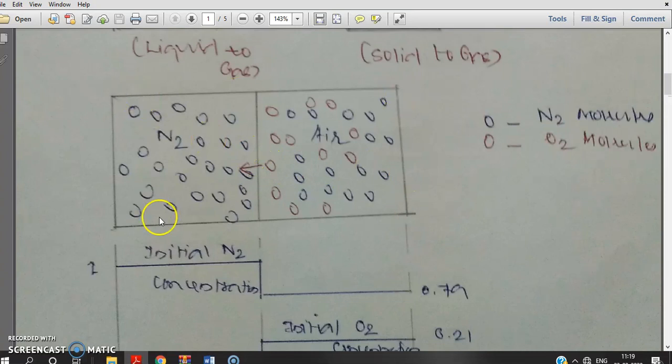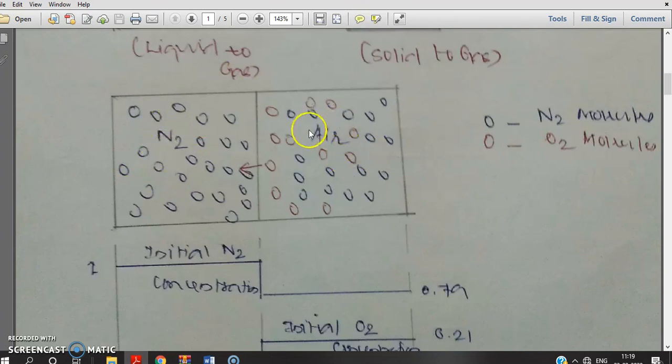Here is a tank separated by a partition membrane. The left side tank is filled with nitrogen, and the right side tank is filled with oxygen. In the left side tank, the concentration of nitrogen is higher compared to the right hand side.